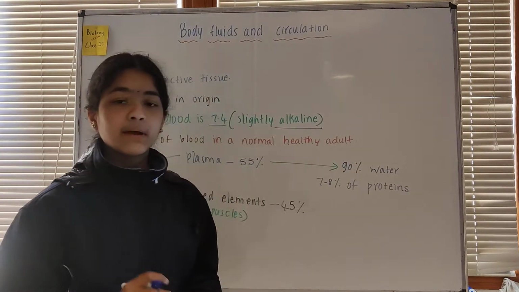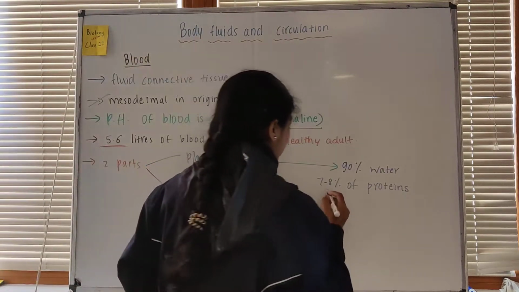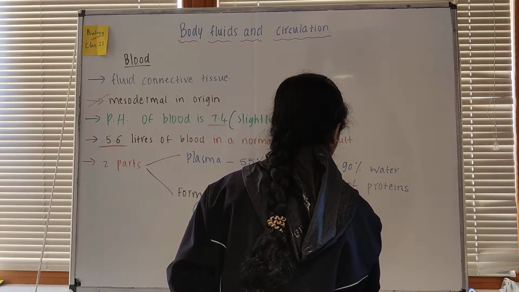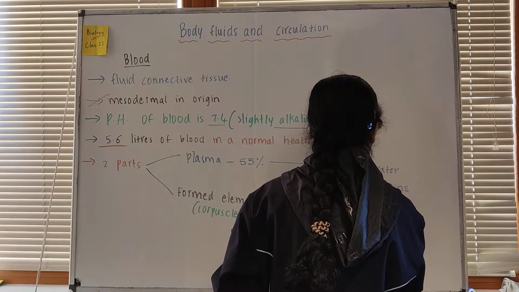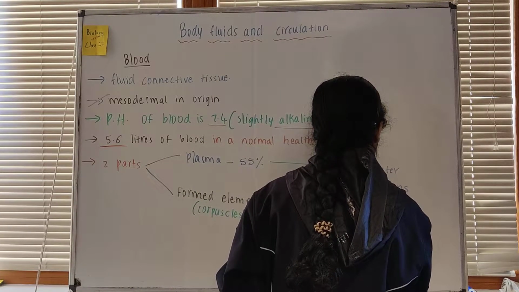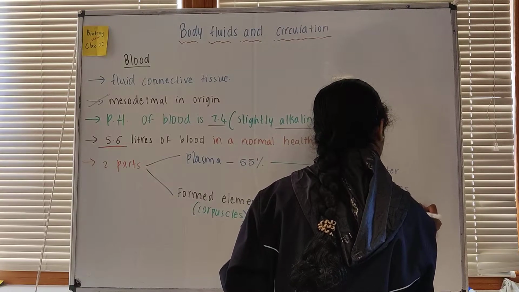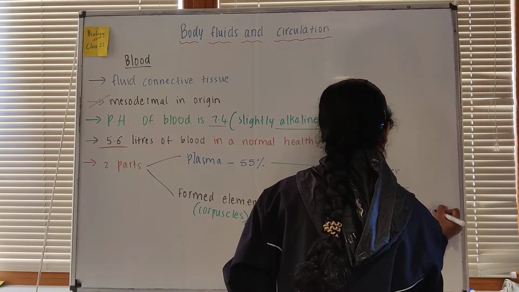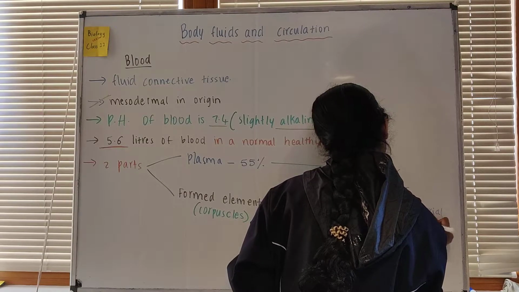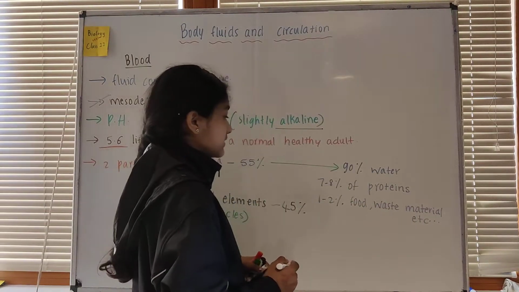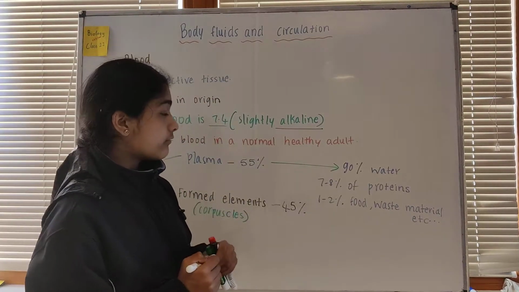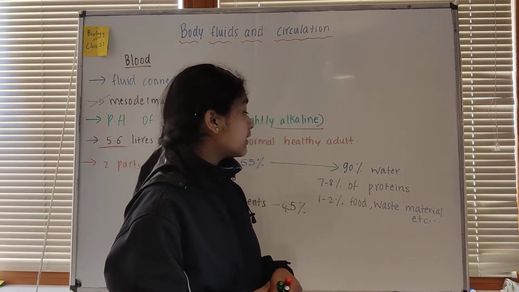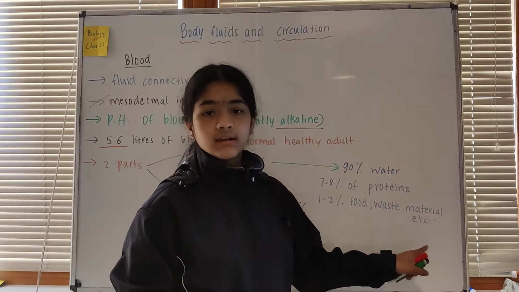And 1 to 2% consists of other things like food material, waste material, etc. So 1 to 2% of the plasma makes up the food, waste material and many more things.